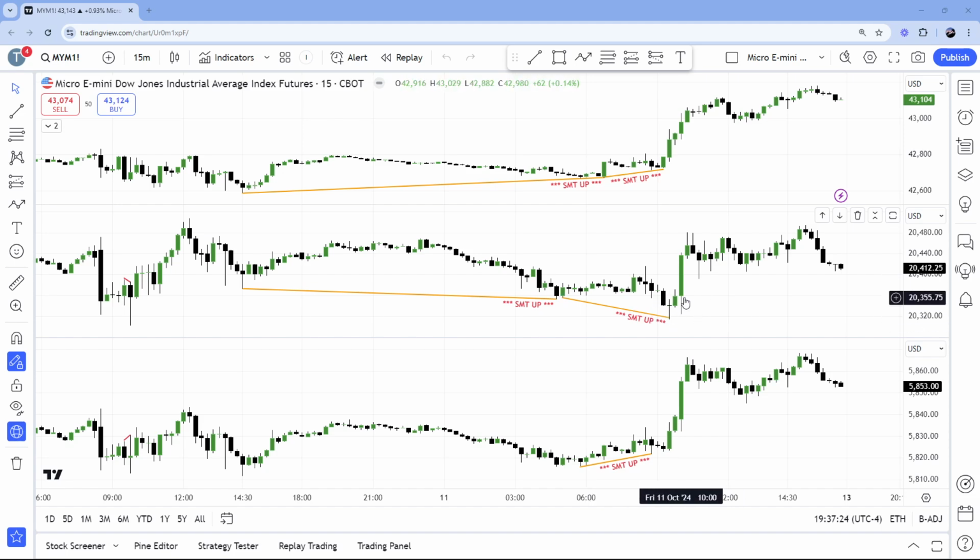Because what NASDAQ is doing is accumulating positions. So that gave us a clue for a bullish SMT divergence. And because the Dow has started to move already, S&P has started to move already, then we expect the NASDAQ also to follow that. So that's the reason why we placed our entry without the fair value gap.